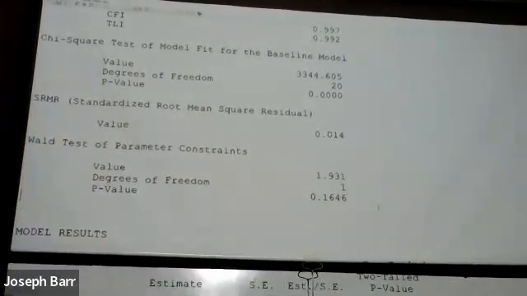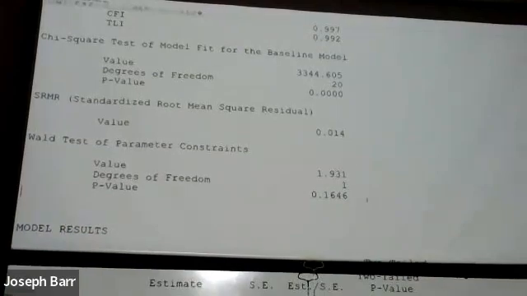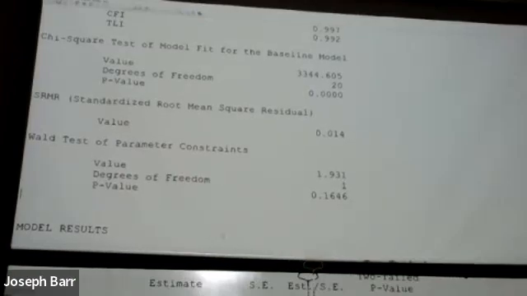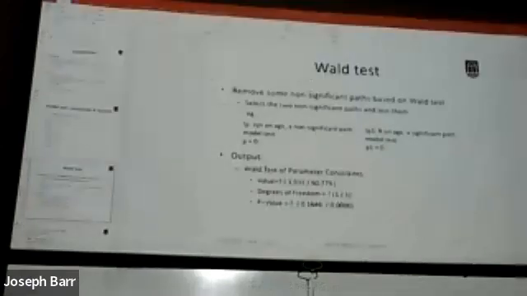We should use a reduced model by assuming that path is 0. The coefficient is 0. So this is the Wald test result output.